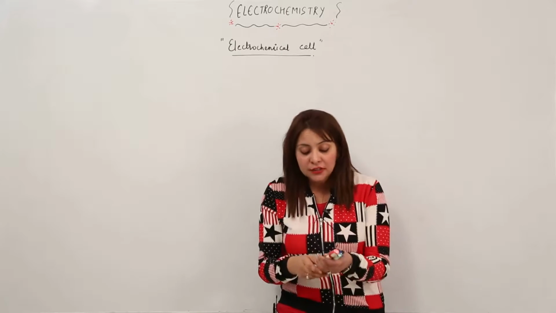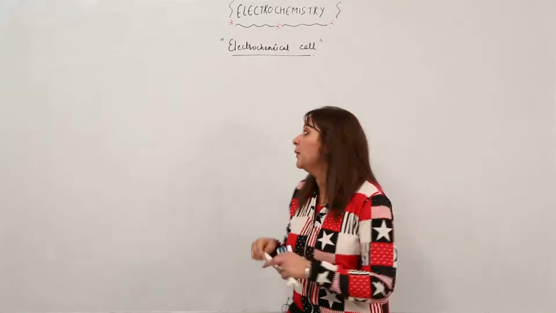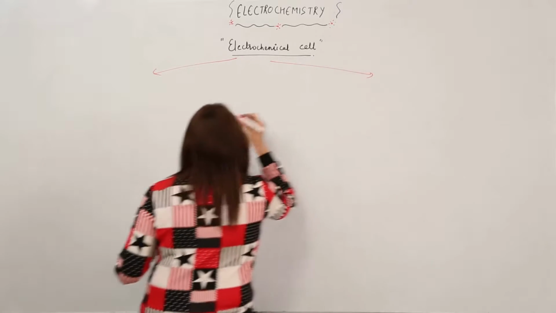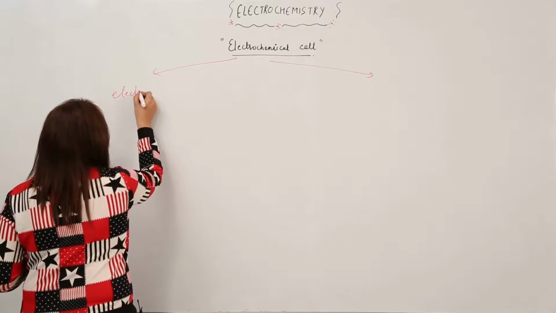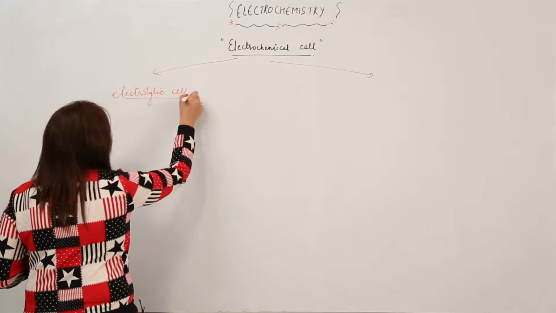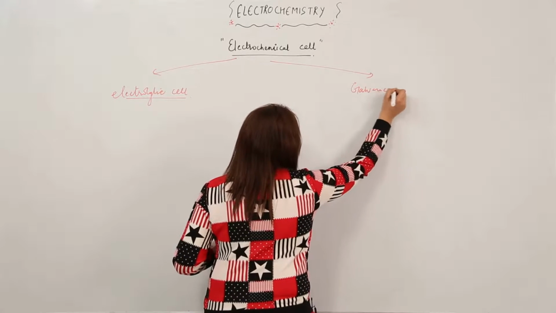So depending upon how the arrangement is, electrochemical cells are basically of two types, right? One is an electrolytic cell and the other is the galvanic cell, right?